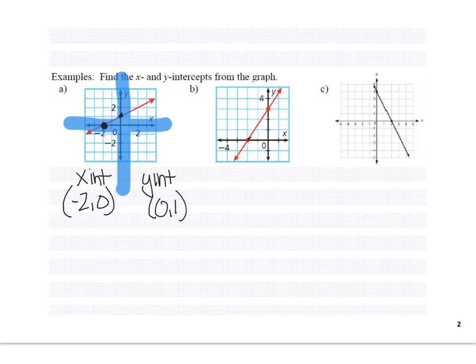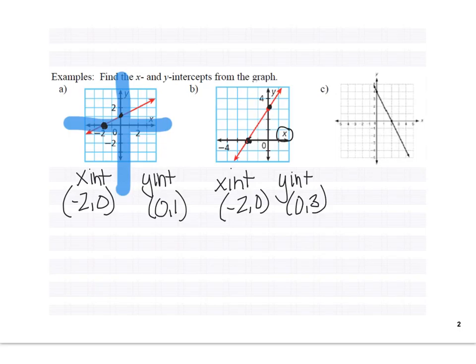Here I see a point that crosses an axis. It crosses the x-axis, so that is my x-intercept. And that value just so happens to also be (-2, 0). And the y-intercept is our other point where it crosses an axis, and that is at (0, 3).